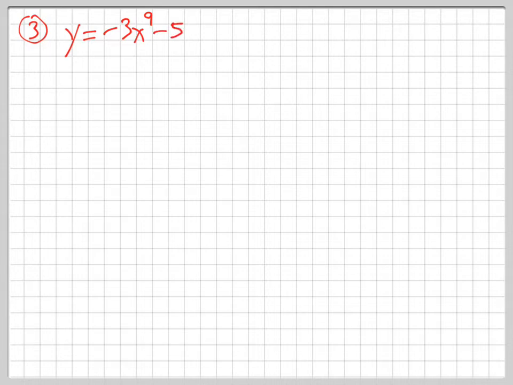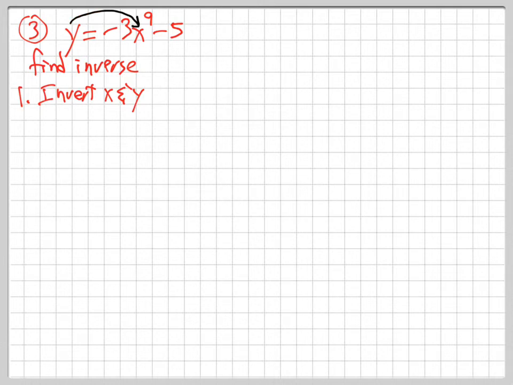And they want us to find the inverse. So you know step number 1, invert x and y. So this y and x will trade spots. So the x will go out there, the y over there.